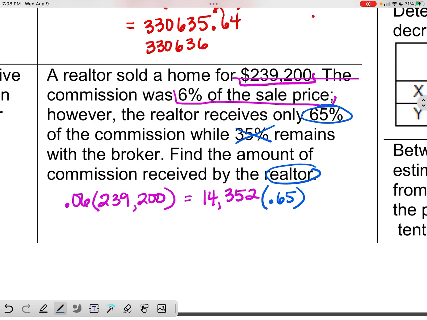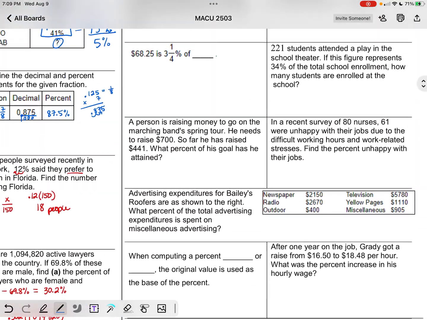So I'm going to multiply these two together times 0.65. 9328.8 is literally what my calculator says. I need to make it look like money. Money goes to two decimal places. So $9,328.80. You're halfway, darlings.